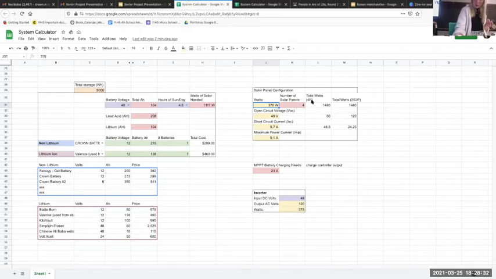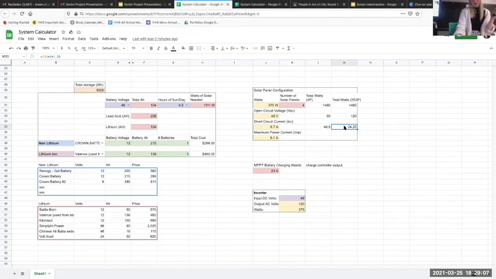If we were to do all 4 of your panels in parallel, you can see right here, this is the amperage multiplied by 4, multiplied by 1.25. 1.25 is kind of like the margin of error. You can see that your amperage is much higher than in this other way, 2S2P, which means 2 strings of 2 panels wired in series, wired together in parallel.